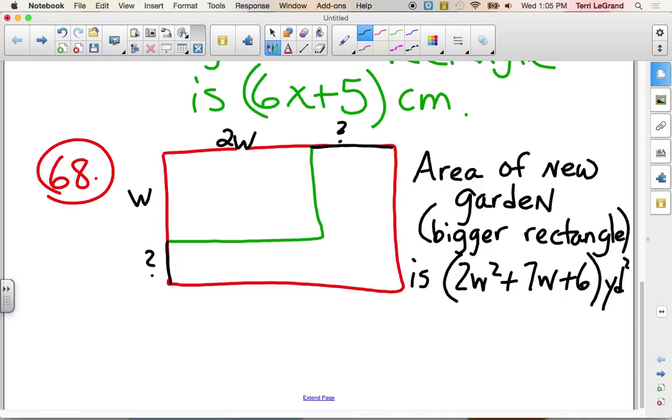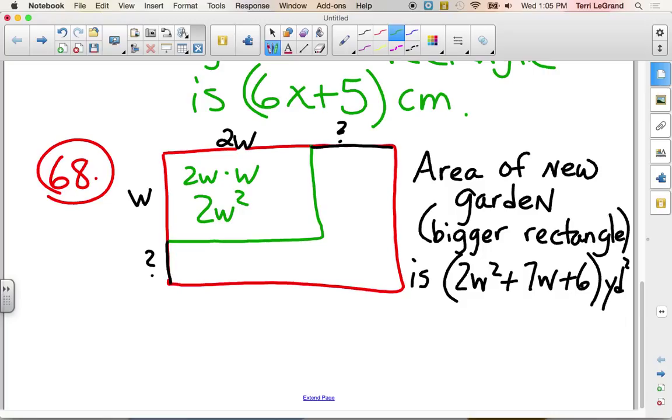Okay? So what is the area of the old garden? We would take 2W times W, which would be 2W squared, okay? And then you're saying we would subtract that from the area of the new garden? Okay.